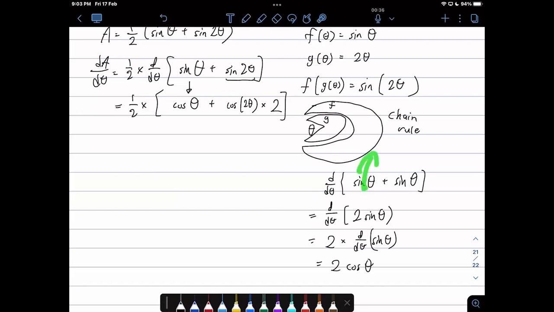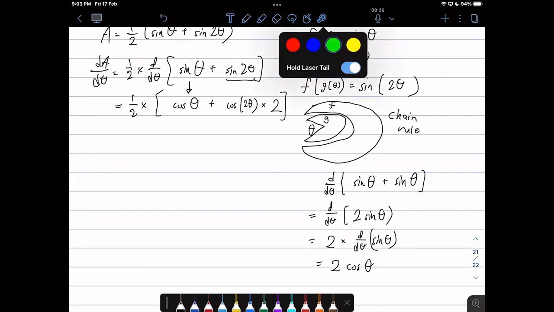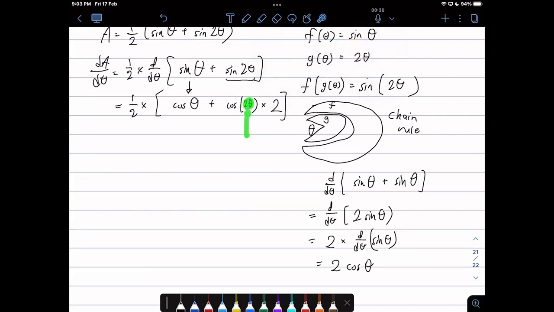Of course, if you differentiate each one, you get cosine theta, and you add them together, cosine plus cosine is 2 cosine. You must understand this 2 theta is an inner function of the sine. So there's a composition going on. You need to use chain rule.